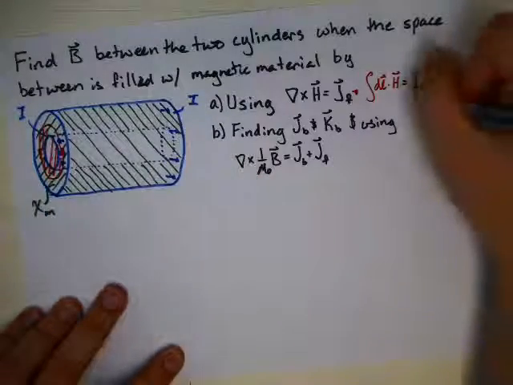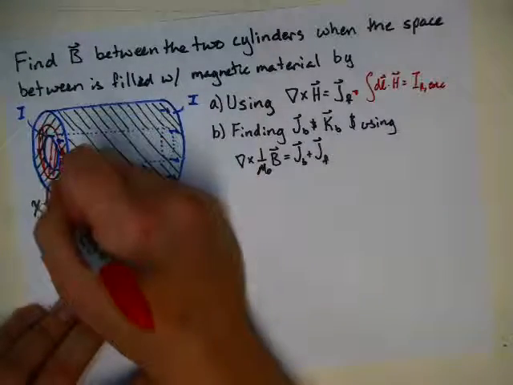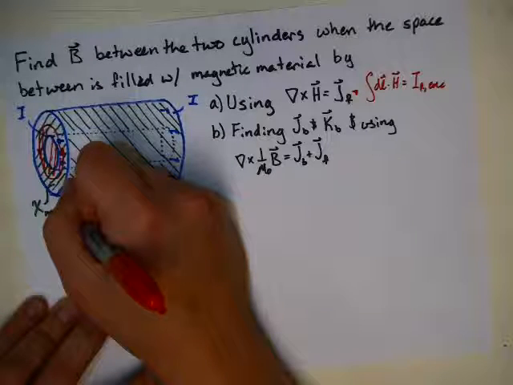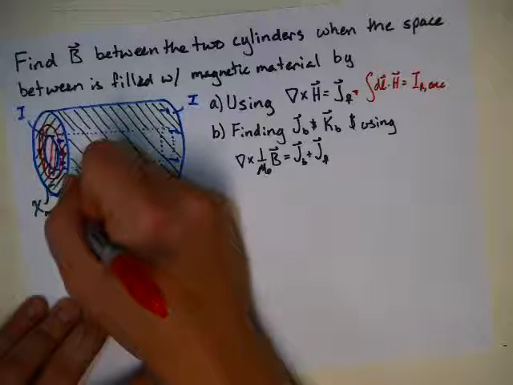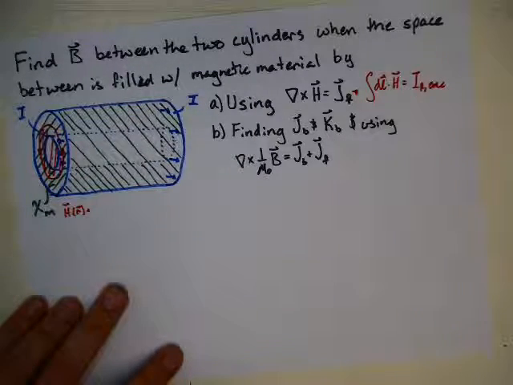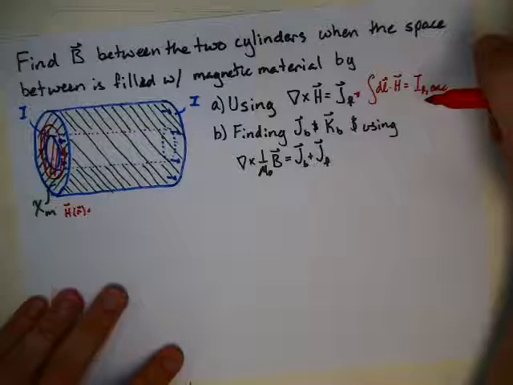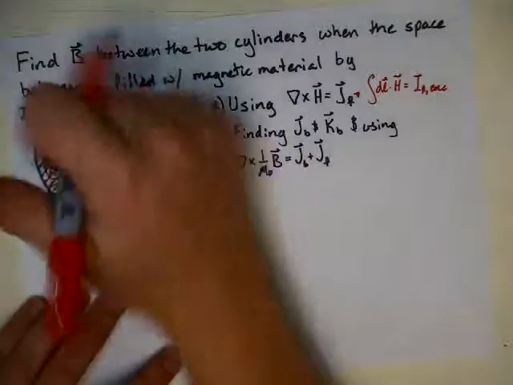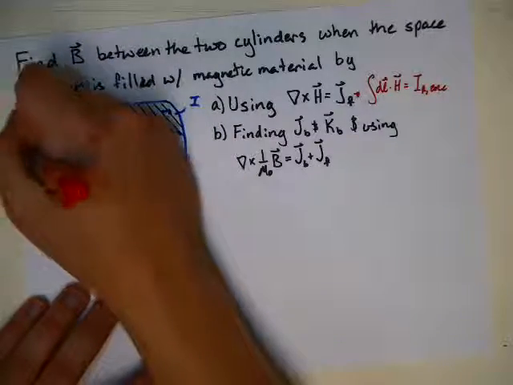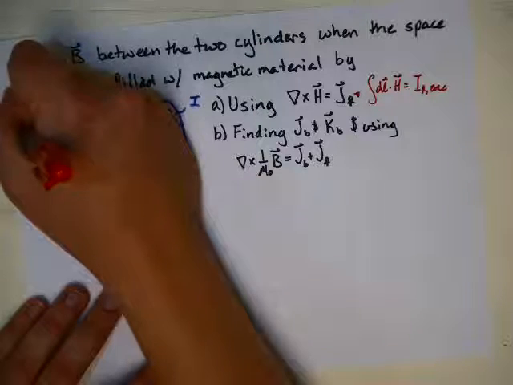Luckily for us, the free current enclosed is simply given by I, and again, using the symmetry, we're going to be able to say that the H field is going to have to be only in the phi hat direction. So if we make this the positive z direction, then phi hat is going to be going into the page this way.